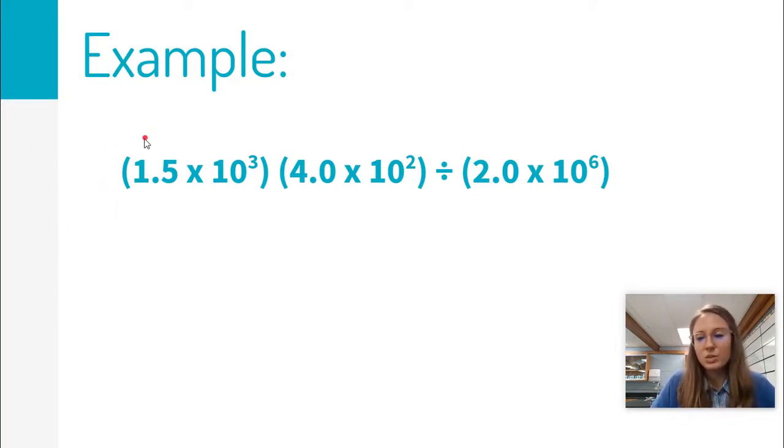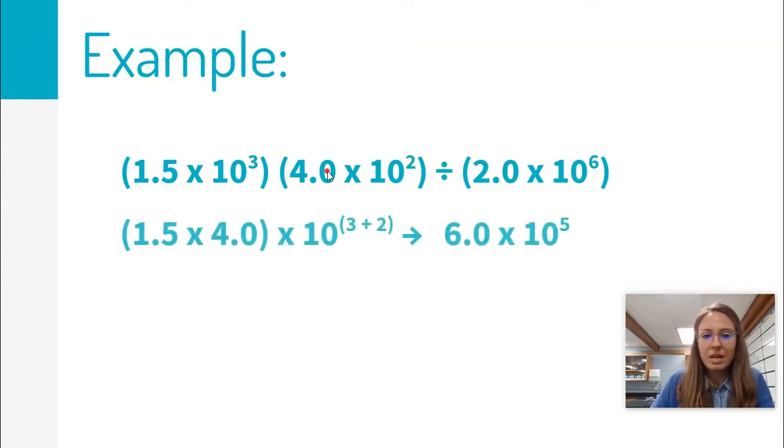So we are going to use the steps of multiplication that you saw in the beginning of this video to multiply these two values first and just ignore this last value for now. So to multiply, remember that we are going to multiply the coefficients. So 4.0 times 1.5 is 6.